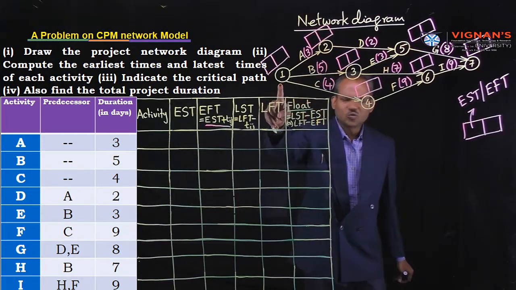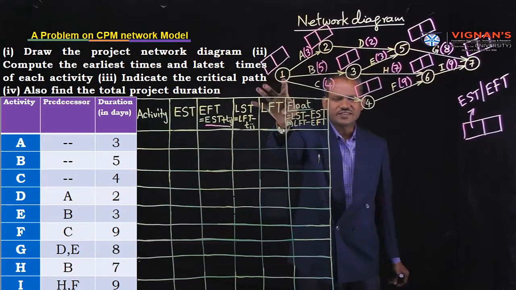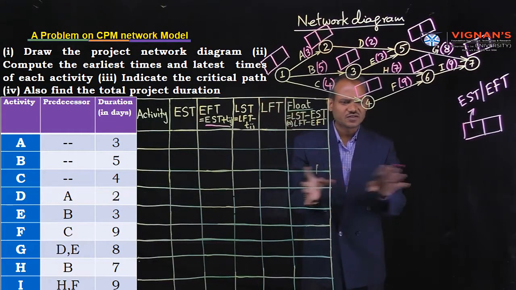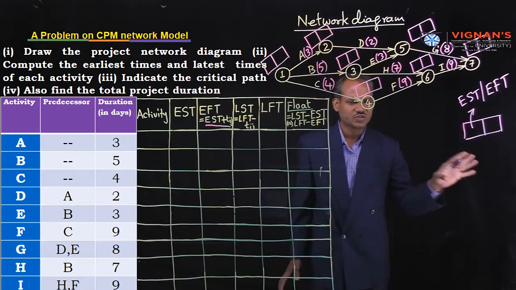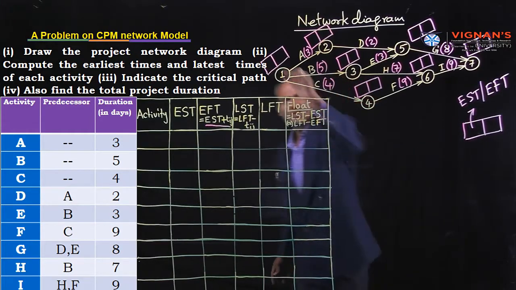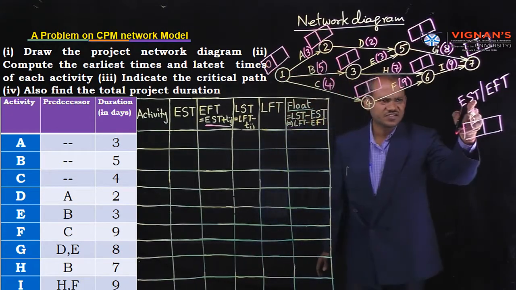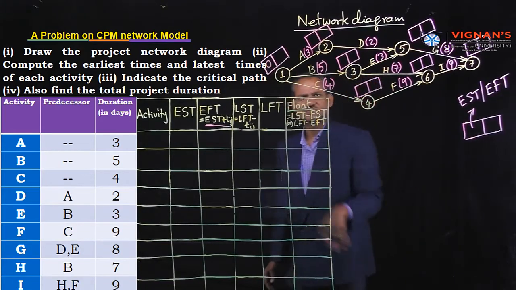Node number 1 is the first node. That means every activity starts at node 1 or event 1. So timings we are measuring from 0 onwards: 0, 1, 2, 3, 4, 5, 6 like that. For the starting node, EST is equal to 0.